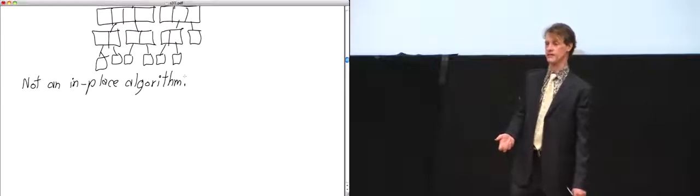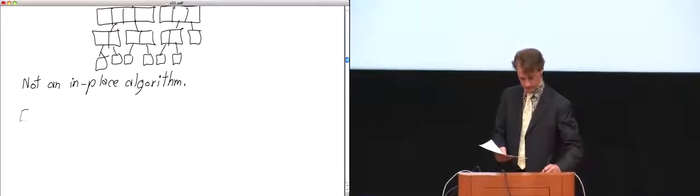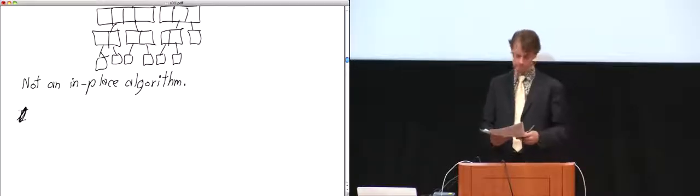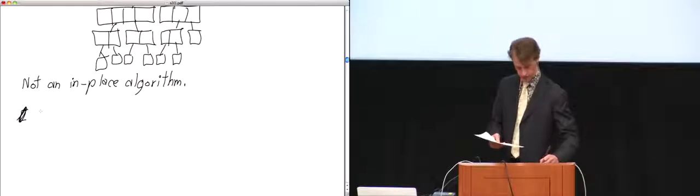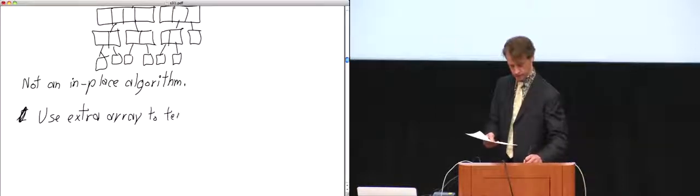No researcher has ever figured out a simple enough in-place merge sort that you'd actually want to use it. So if you are sorting an array with merge sort, you usually use an extra array that is also of linear length to temporarily hold the result of a merge.